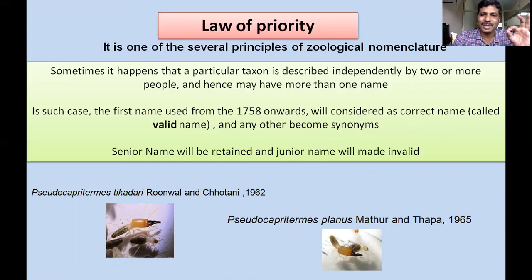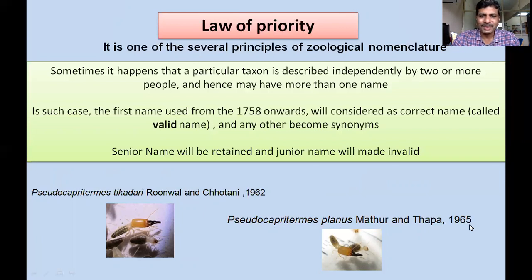Probably if you take a few examples, it becomes easy to understand. For example, Runwal and Chhotani in the year 1962 described a new species called Pseudocapritermes picadari, and published it. But the people who collected the same species in a different place, probably Mathur and Thapa, designated that species as Pseudocapritermes planus. It is the same species, but it got 2 different names, now in the year 1965.